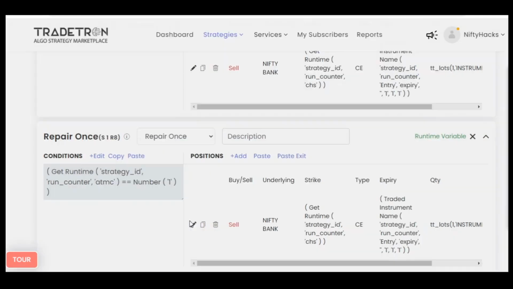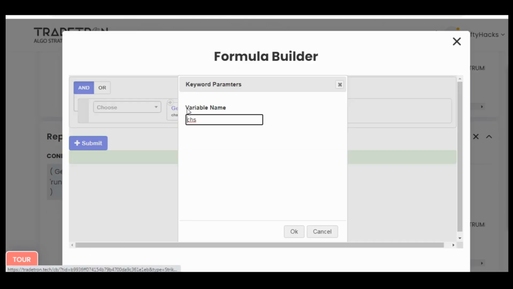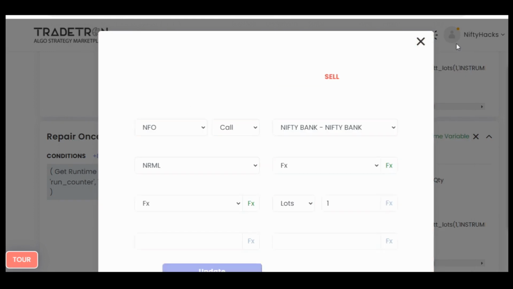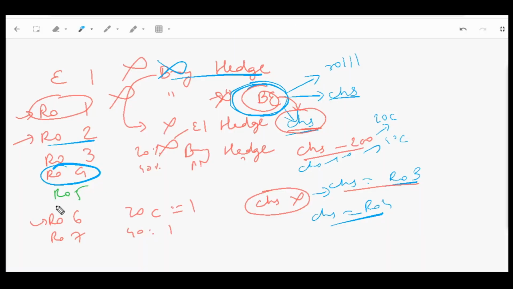If it's bought, then we will sell whatever is the CHS, or call hedge strike, at present. So the beauty is, if RO5 happens immediately after RO1, right? If the market went up immediately after RO1, at this time our previous call hedge strike is this RO1 strike, right?